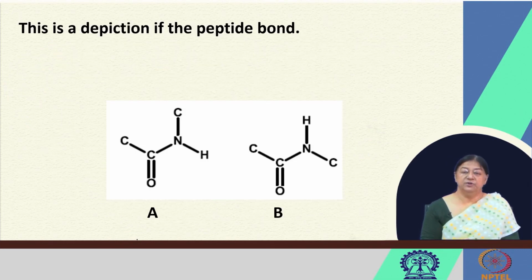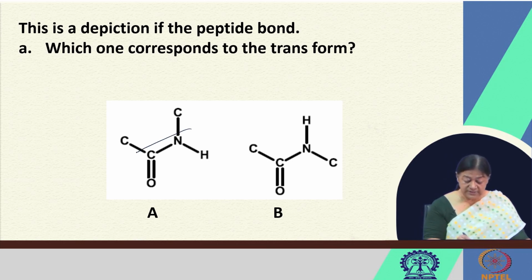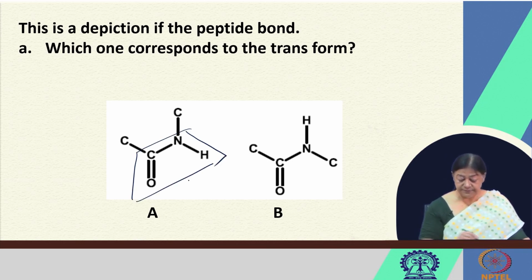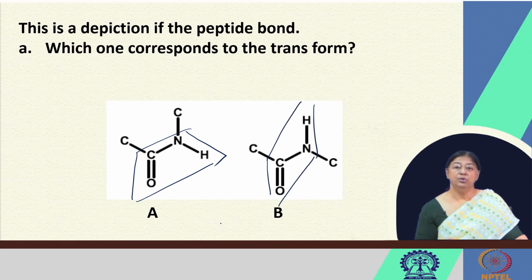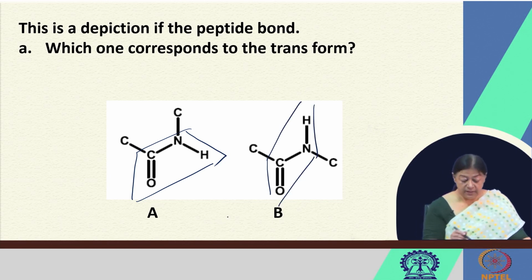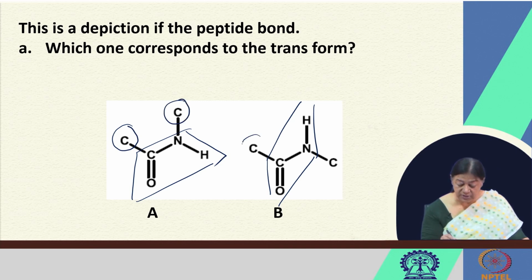Now, this is a depiction of the peptide bond, and we try to understand what differences we see. So, we want to know which one corresponds to the trans form. We now know that this is the peptide, the C double bond O, NH. We have to look at the positions of the alpha carbon.